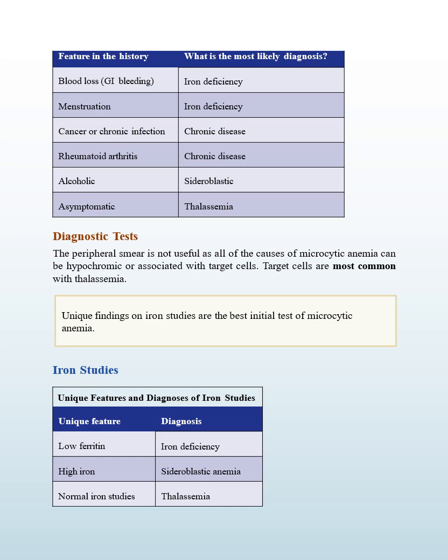But number 3, if we have cancer or chronic infection, that's anemia of chronic disease. RA, or rheumatoid arthritis, that's a chronic disease. If we have alcoholism, usually it's sideroblastic. And if it is asymptomatic, it's usually thalassemia.